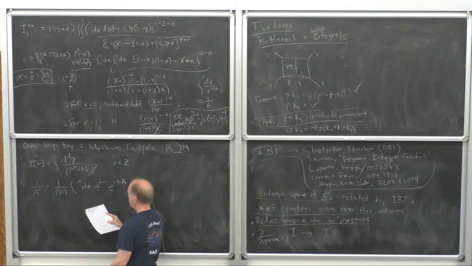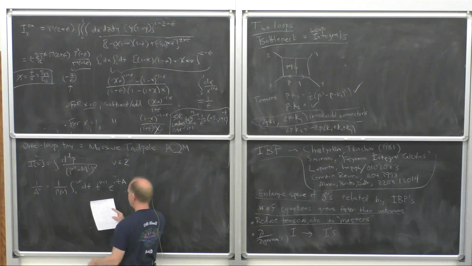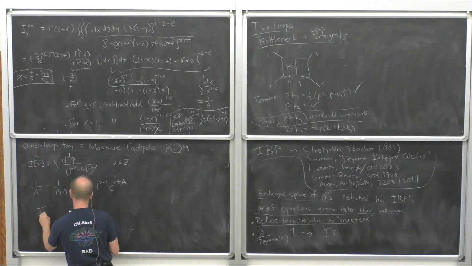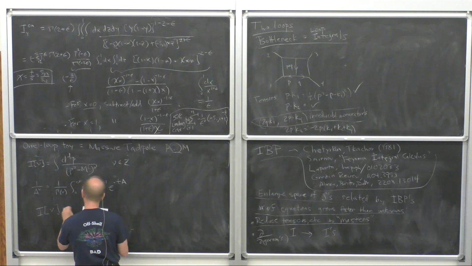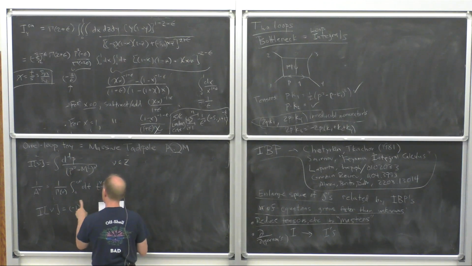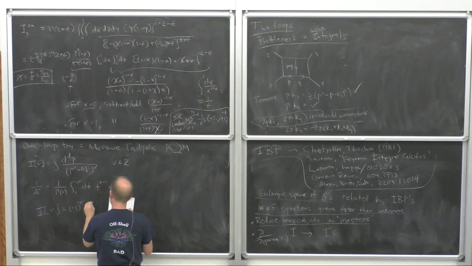When you plug that in to here, you get a Gaussian integral, and when you do it, you find that I nu has a minus 1 over nu, which is related to Wick rotating the p to minus p, you get a minus 1 to the nu.